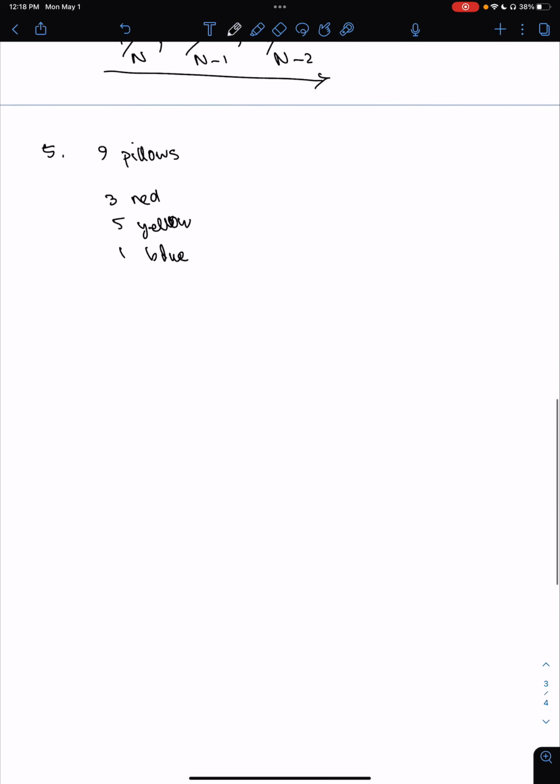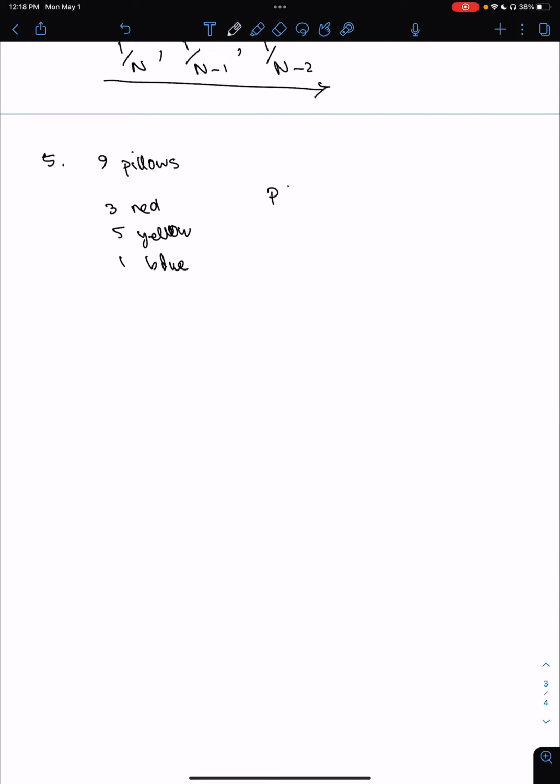So the probability of picking yellow will be 5/9, because we have 5 yellow pillows and 9 pillows in total. Or the formula would be P equals F divided by N. So we know that F for yellow is 5 and N is 9.